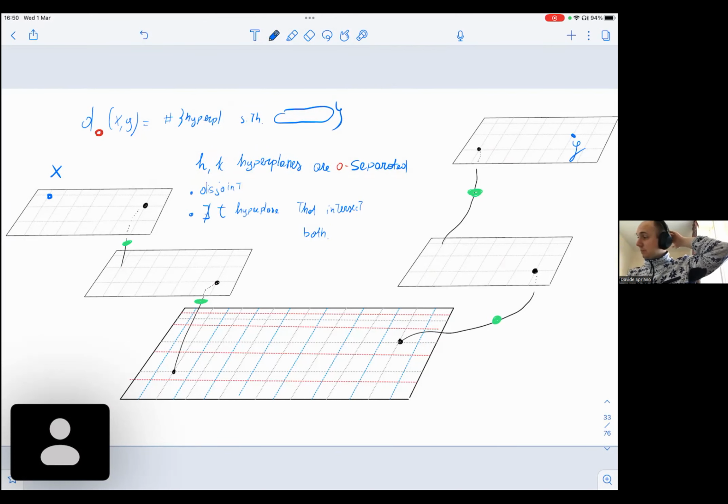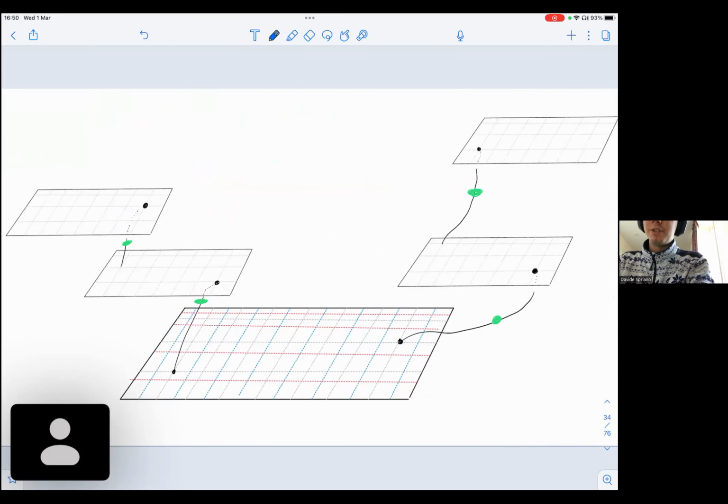Now if this is the picture, I want to define a distance. Changing page, I'm going to define the distance 0 between x and y. We lost x and y. Where were they? X was here and y was here.